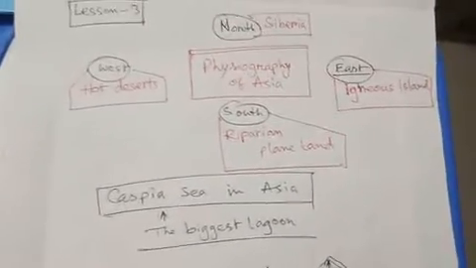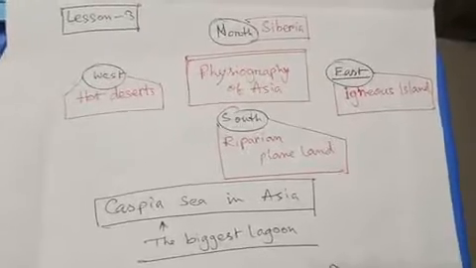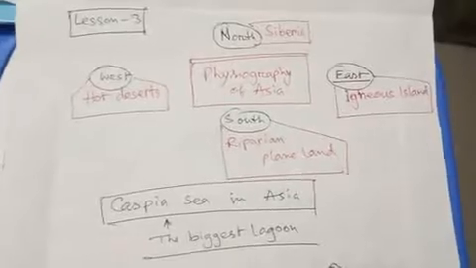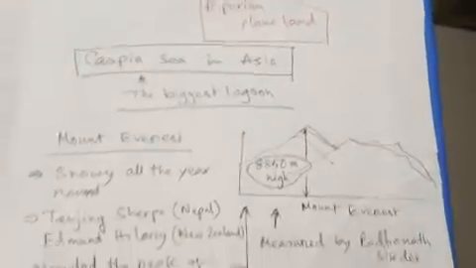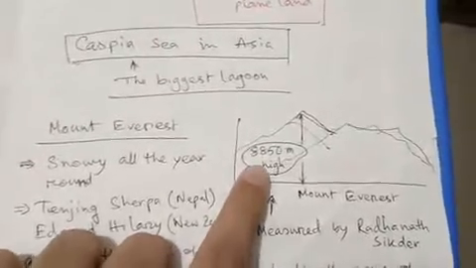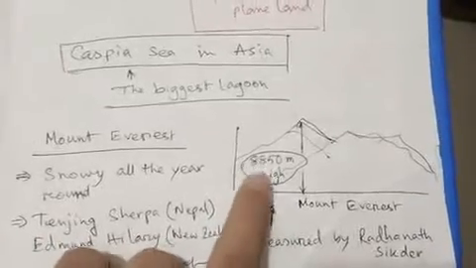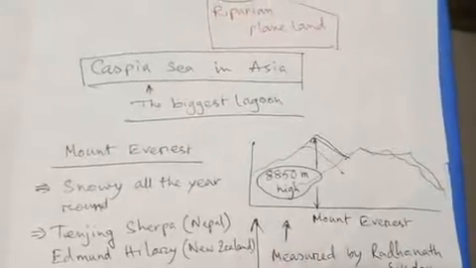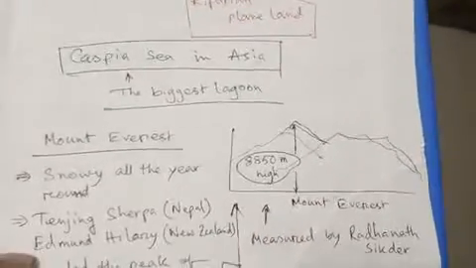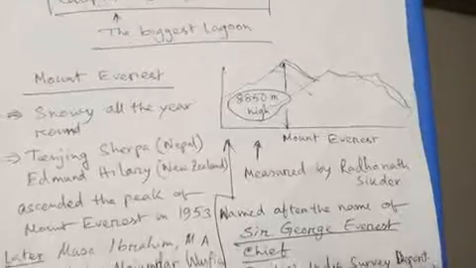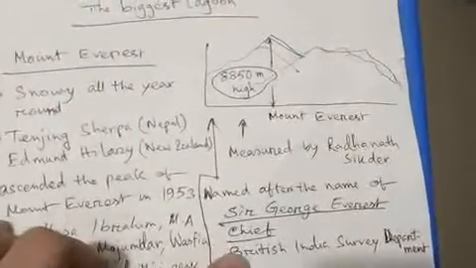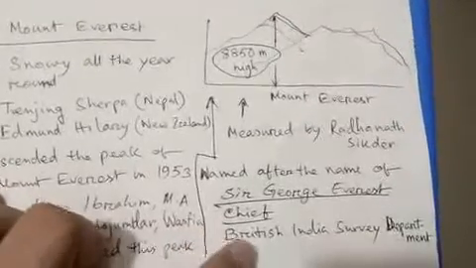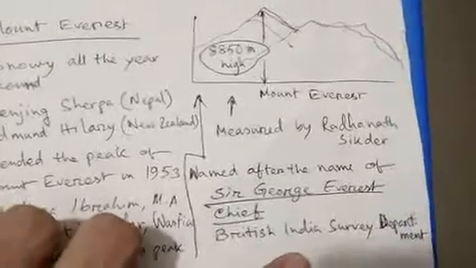Now let's talk about Mount Everest. Asia has the highest mountain peak, 8,850 meters high, called Mount Everest. The peak is named Everest after Sir George Everest, who was chief of the British India Survey Department.